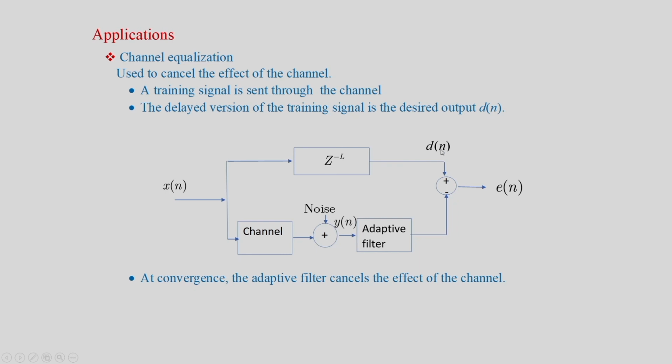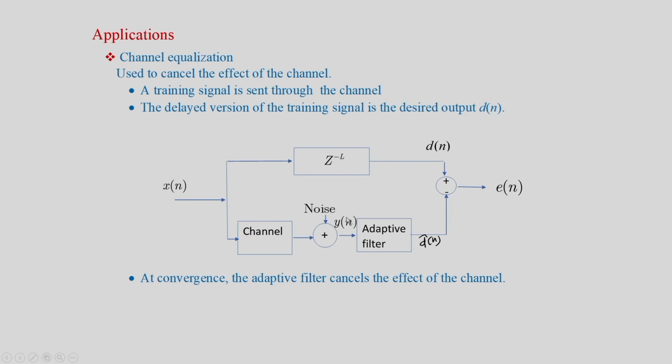In this case, the receiver knows this signal, and Xn, the training sequence, is passed through the channel, noise is added here. So, we will get Yn, and this Yn is passed through the adaptive filter to estimate d hat n. So, we will get d hat n here, and now this error will be passed to the adaptive algorithm to compute the filter coefficients iteratively.